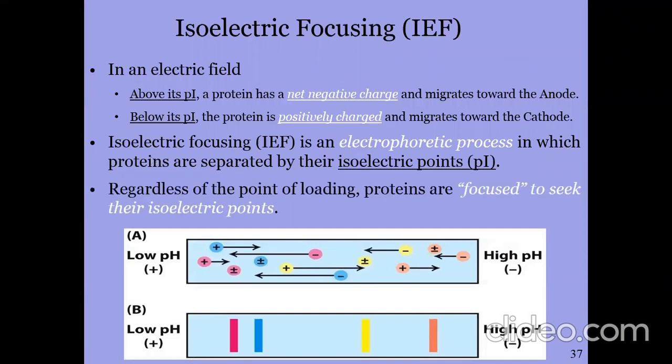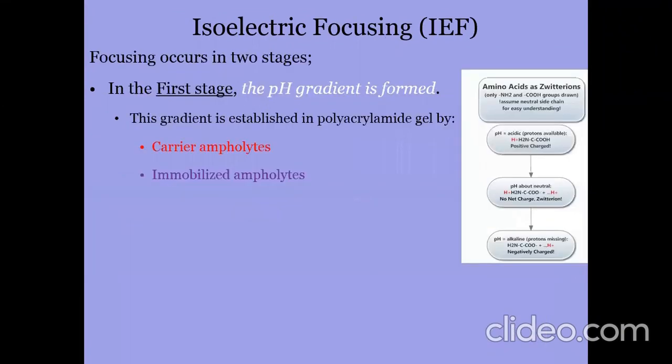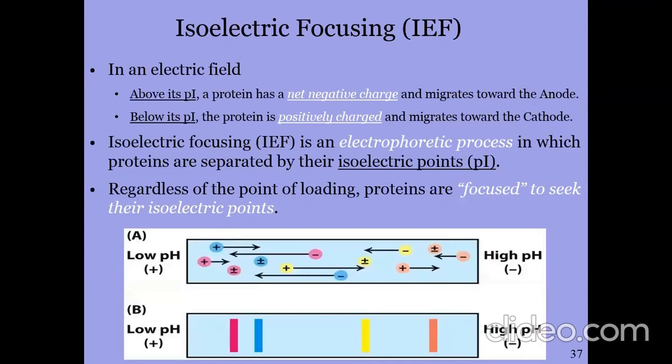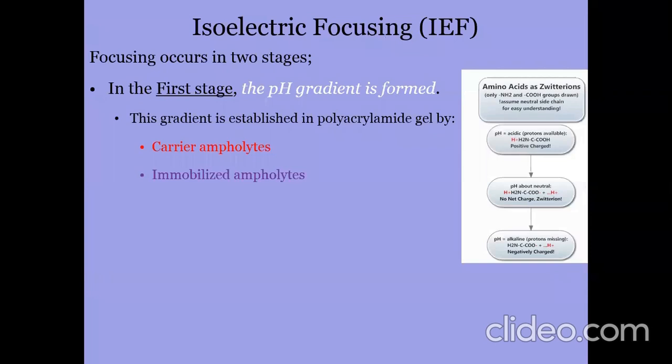Regardless of the point of loading, proteins are focused to seek their isoelectric point. Generally these molecules seek their isoelectric points, and they will stop there in the electric field. And focusing occurs in two stages.